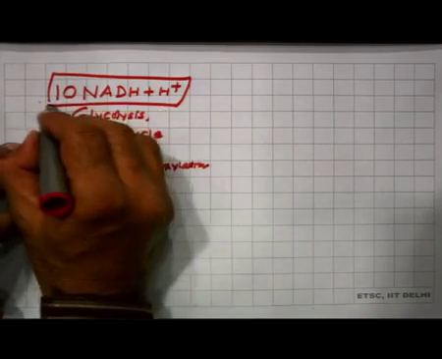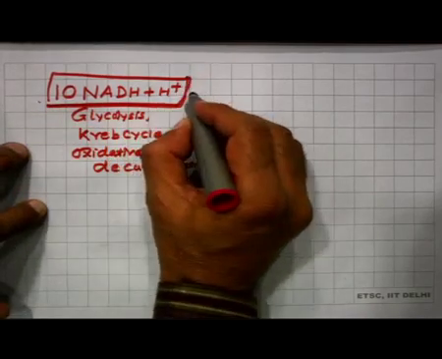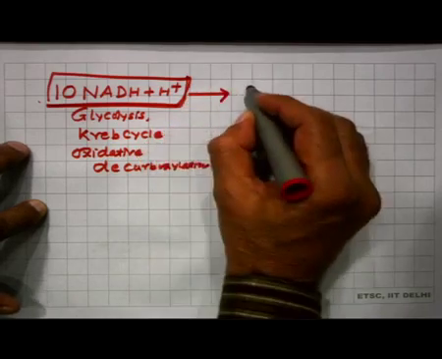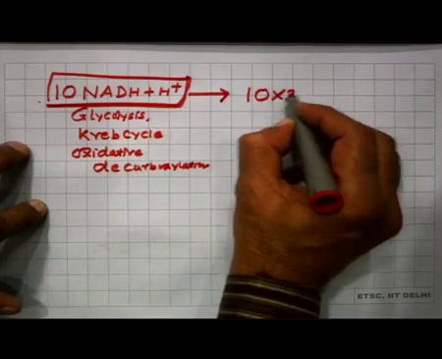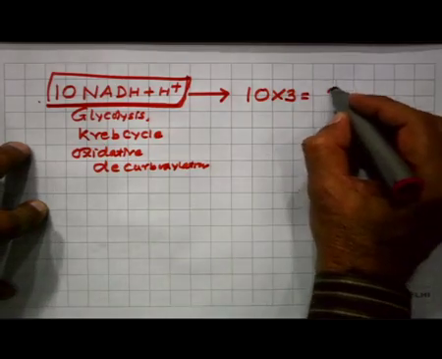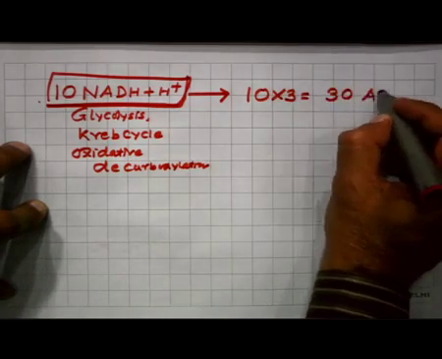So, total NADH plus H plus is 10. So, 10 into 3, we can finally summarize, that is called 30 ATP.